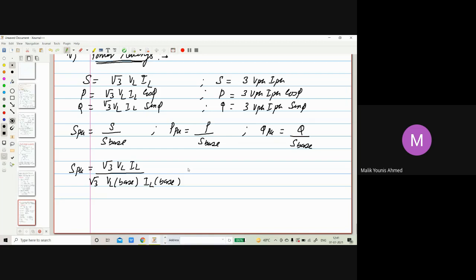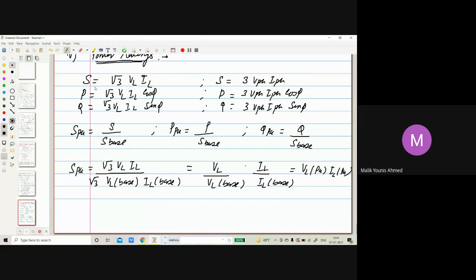Now here √3 gets cancelled. I can write VL divided by VL base, and IL divided by IL base, and those two together are VL per unit and IL per unit. So I can simply write complex power as the multiple of VL in per unit and IL in per unit. √3 will not be there.